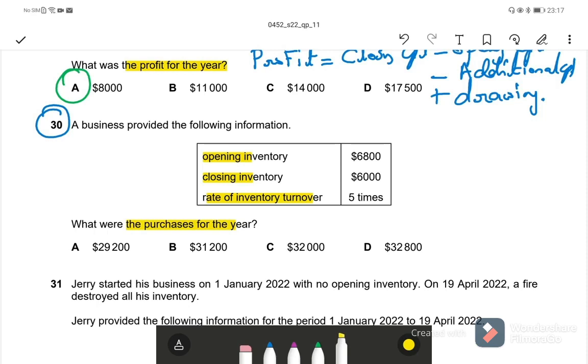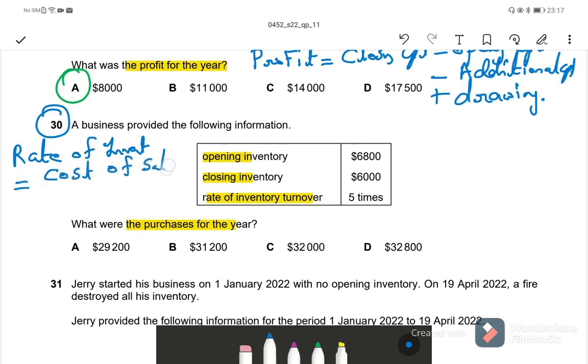Cost of sales we can calculate from the equation rate of inventory turnover. Rate of inventory turnover is equal to cost of sales divided by average inventory.